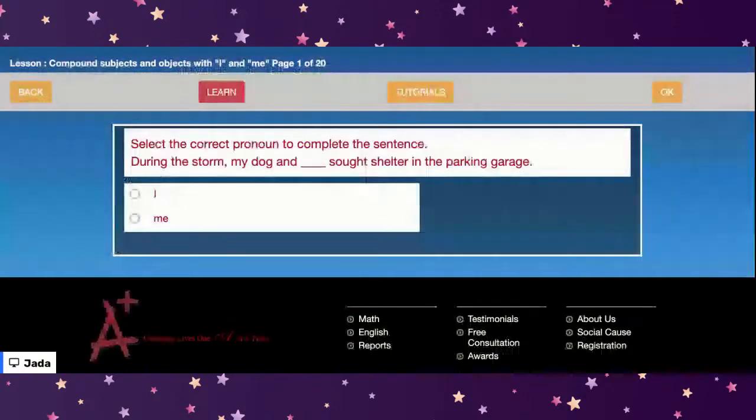Okay, so what's the right answer for this one? Waiting for all your answers. During the storm, my dog and Dash sought shelter in the parking garage. What are your answers here?